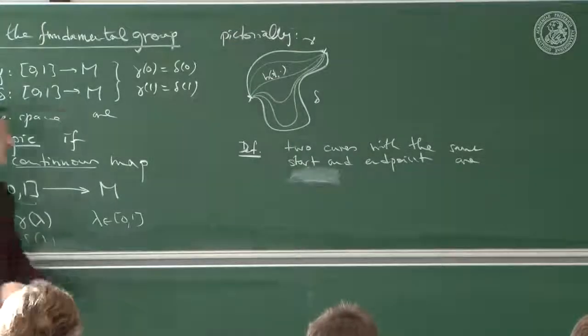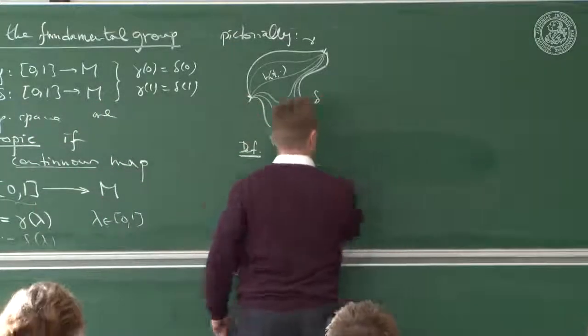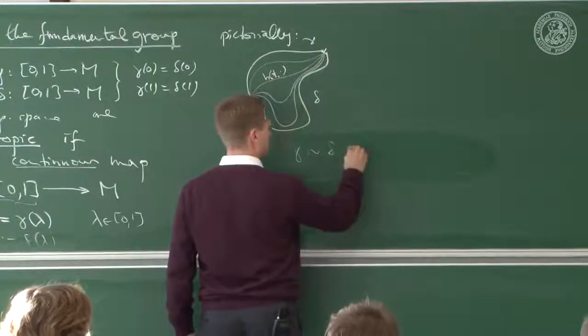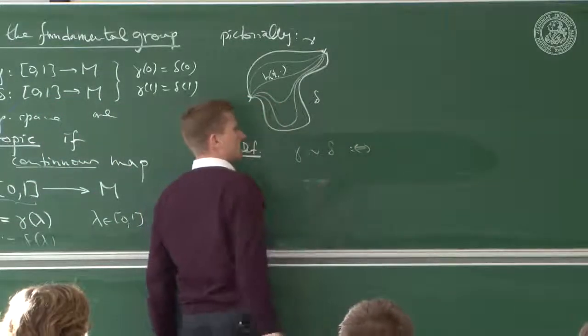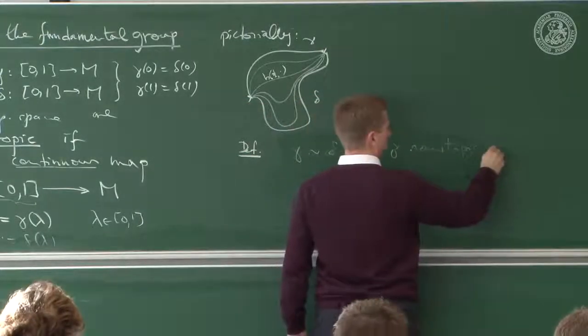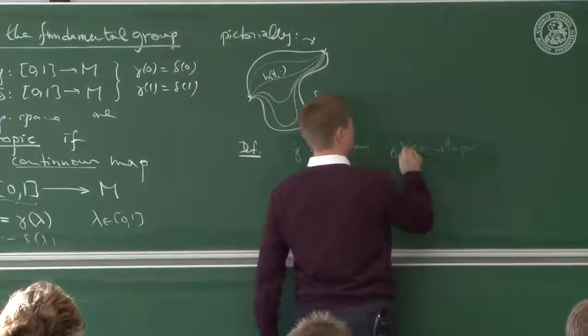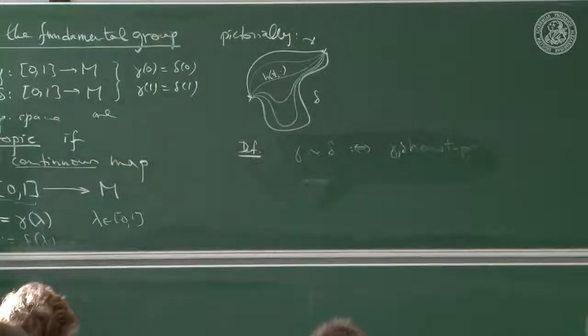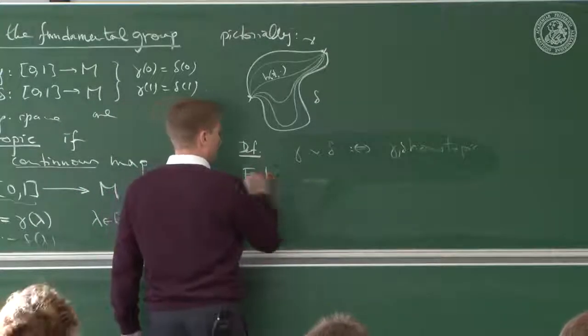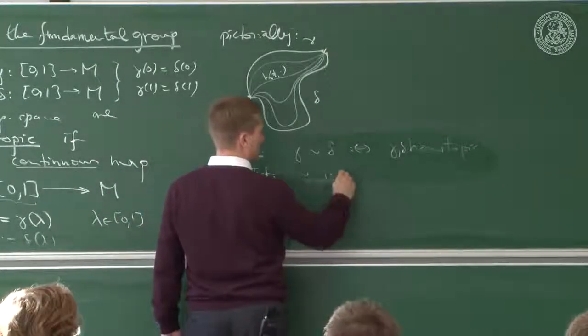Being unnecessarily repetitive here. So let's say two curves with the same starting and end point, gamma and delta. We use the symbol if gamma and delta are homotopic. And it's a fact that this is an equivalence relation.